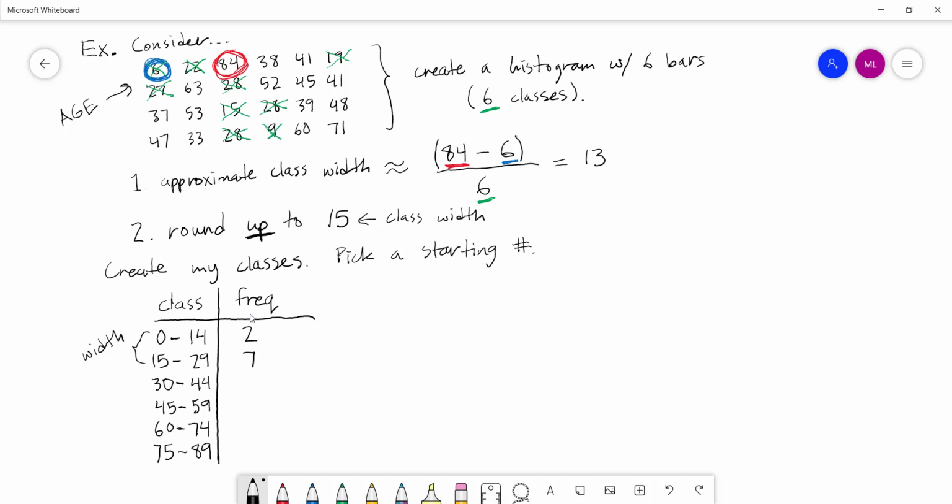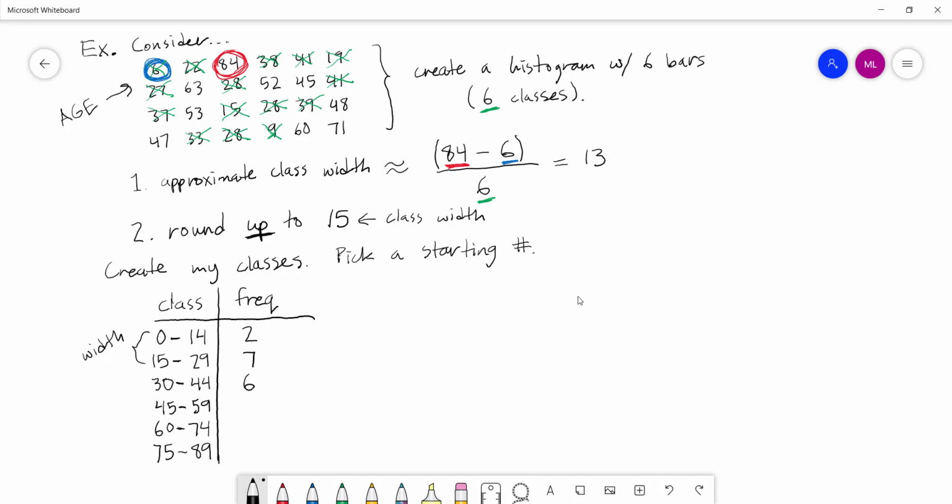Next, I want to go for the numbers between 30 and 44. So we've got 1, 2, 3, 4, 5, 6. Counted 6.